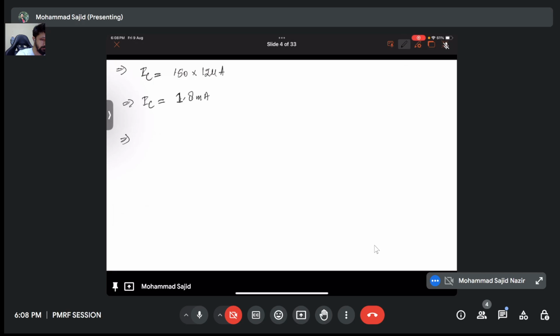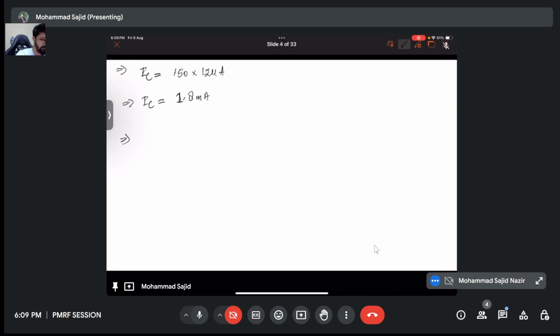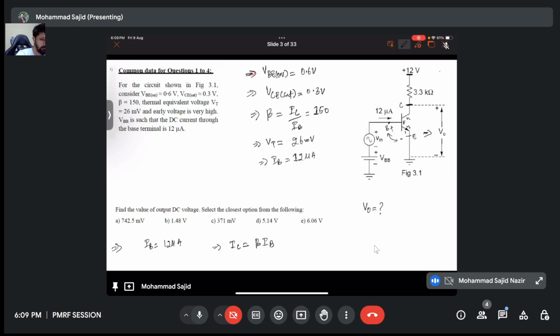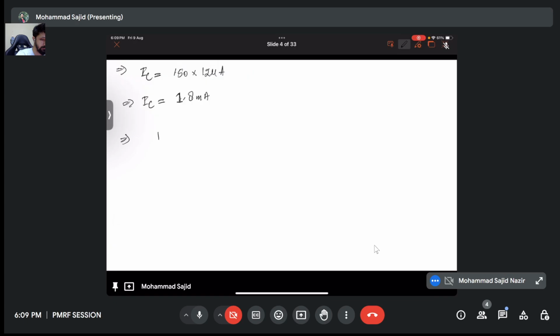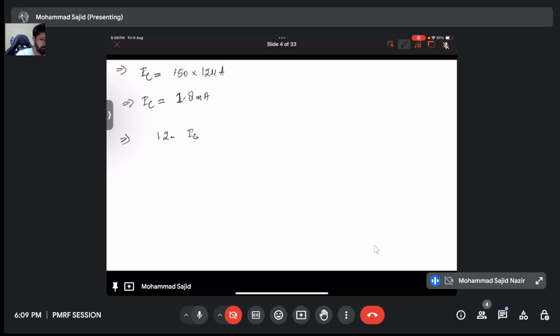Now, what is V naught? Can I write the KVL? If I write the KVL from 12 volt to ground, it will be 12 minus the current flowing through here, which is the collector current IC, times the collector resistance RC, minus V naught is 0. I know IC, I know RC.